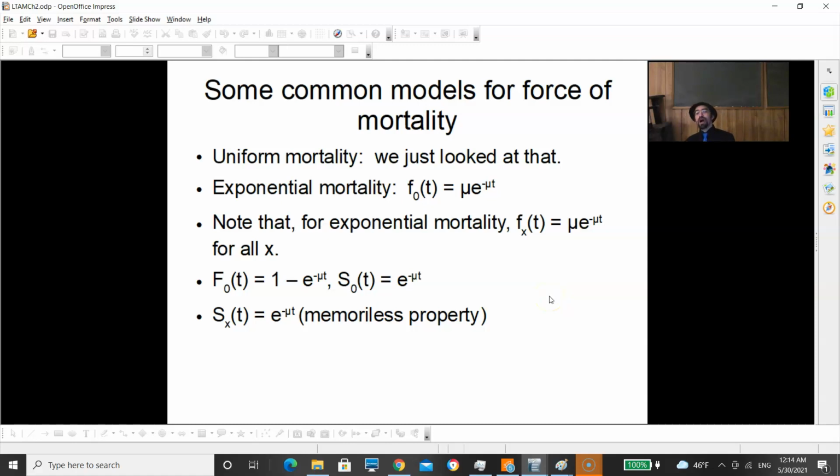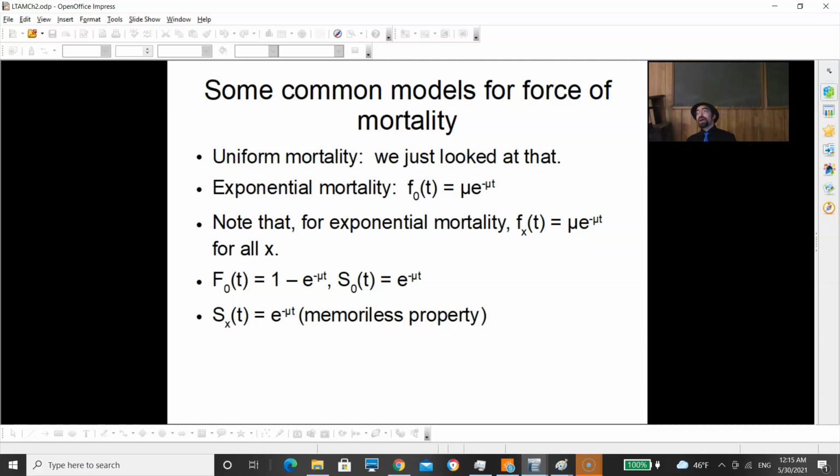Next, I should talk about some common models for force of mortality. There's uniform mortality. That's the example we just looked at in the previous example problem, where you assume that you're as likely to die on any date as you are on any other.